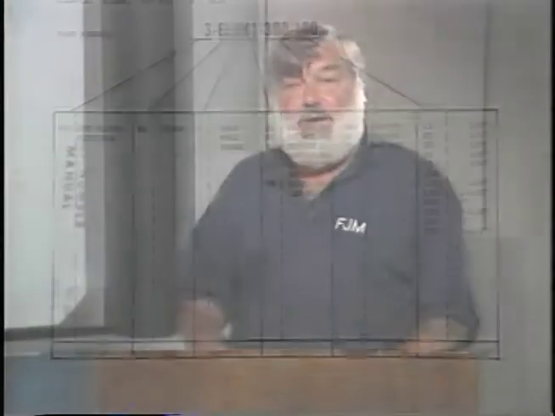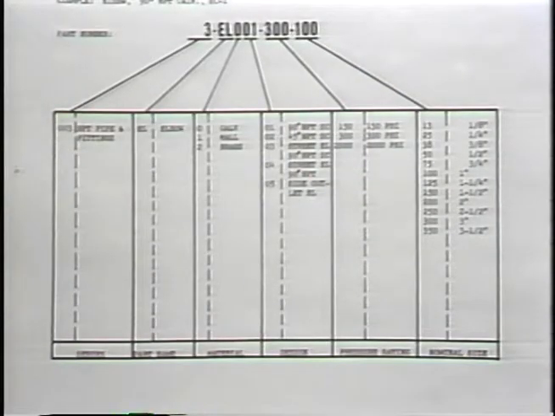The next element is something that most of the people in the pipe shop would understand. And these happen to be elbows. In this particular case, we have three different types of material of elbows.